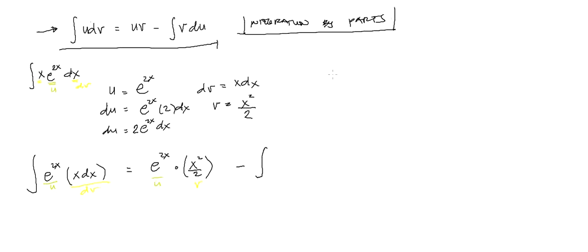As you can see here, you can cancel this out because 2 over 2 is just 1. So we have 1/2 x squared e^(2x) minus the integral of x squared e^(2x) dx.